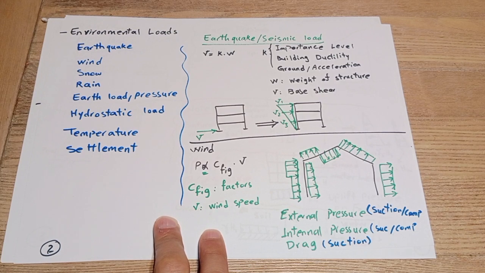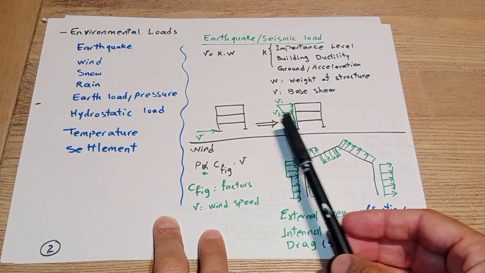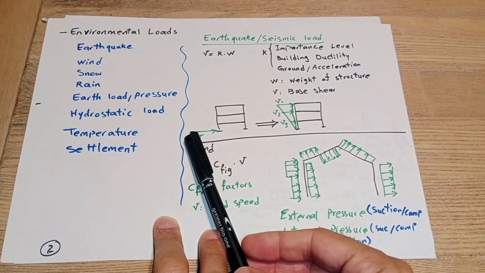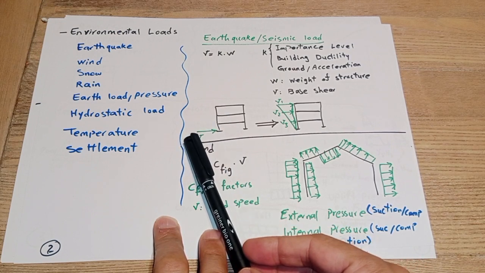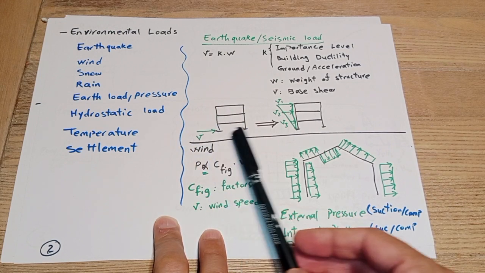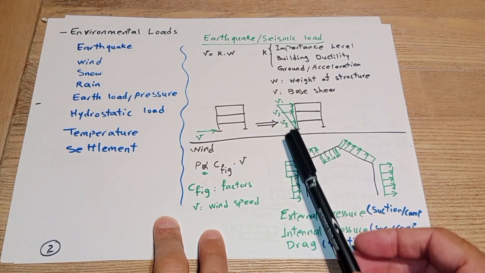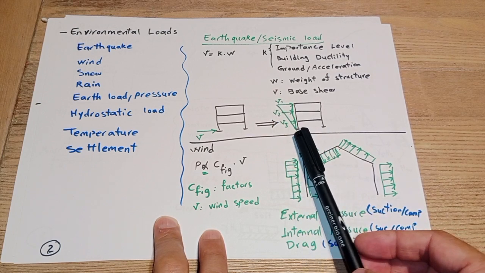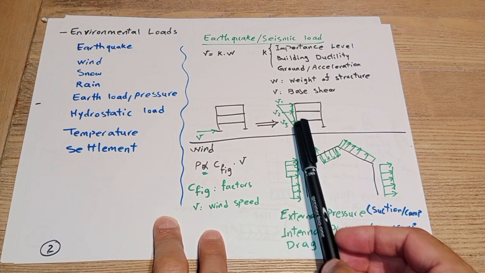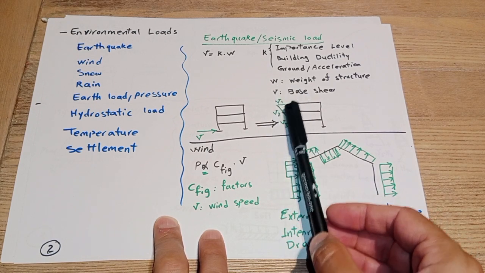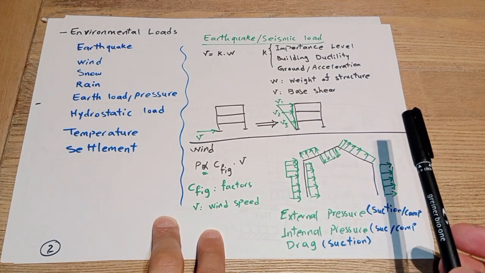You see here that the earthquake is transferred from the ground to the structure, and this is the base shear from the earthquake coming to the structure. It is distributed over the building from 0 at the base level, the ground level, and the highest shear value is at the top level.